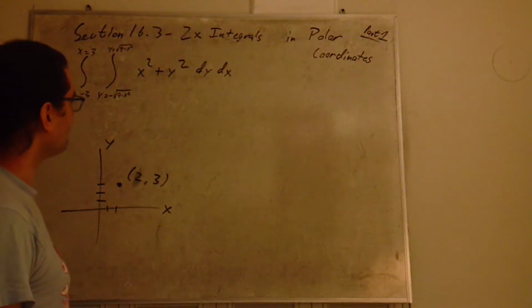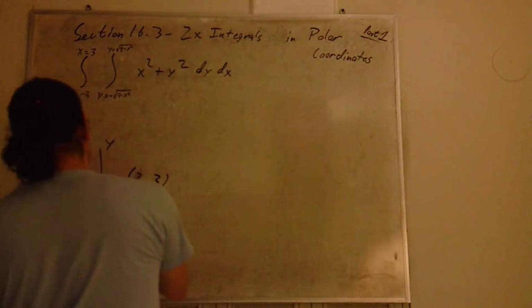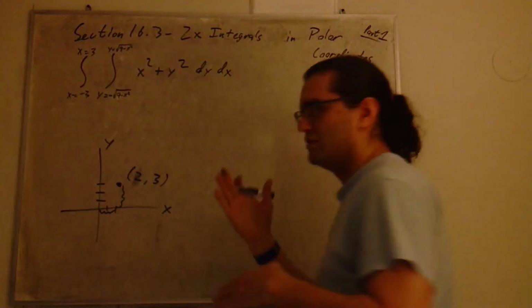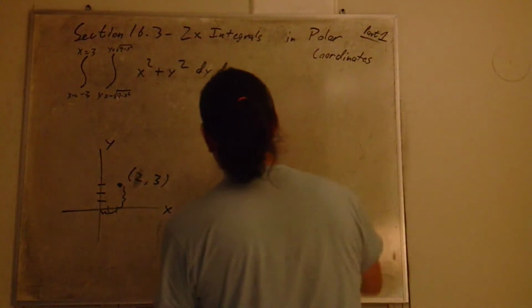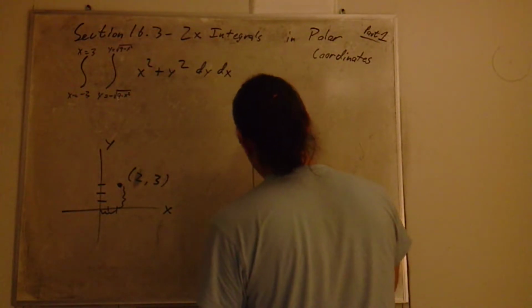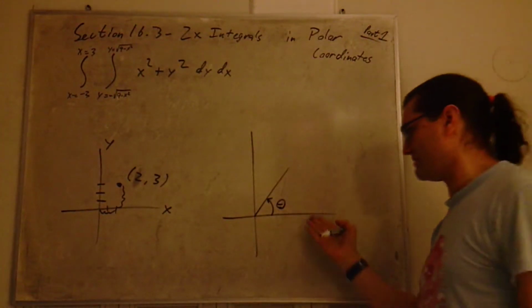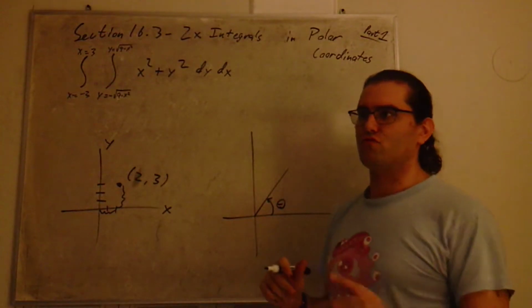If we want to do polar coordinates, instead of describing positions using orthogonal distances, we're going to describe our position using an angle of elevation off of the positive x-axis. I guess I shouldn't say elevation. An angle of direction.